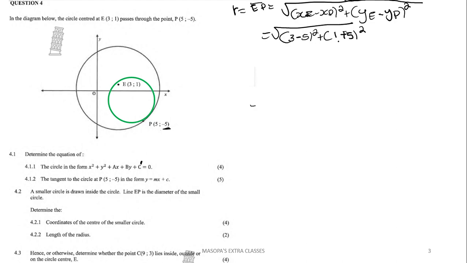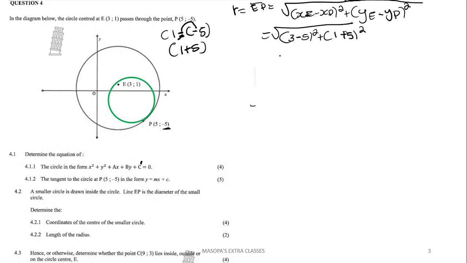The reason I'm saying positive 5 is because you have 1 minus from the equation, and then your y value of P is -5. So it's like negative multiplied by -5, for which you get negative plus 5. For which you get 1 plus 5. Hence I said 1 plus 5.